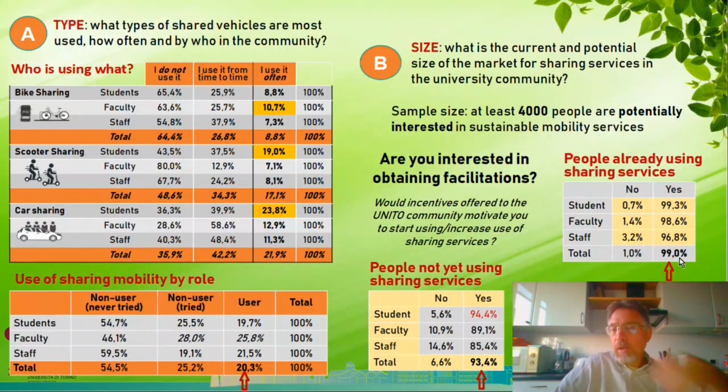As you can see, those already using these services are fully interested in some more incentives to use these services even more. People who have not used these services up until now are anyway in a very large majority interested in considering incentives to move to the use of these services.